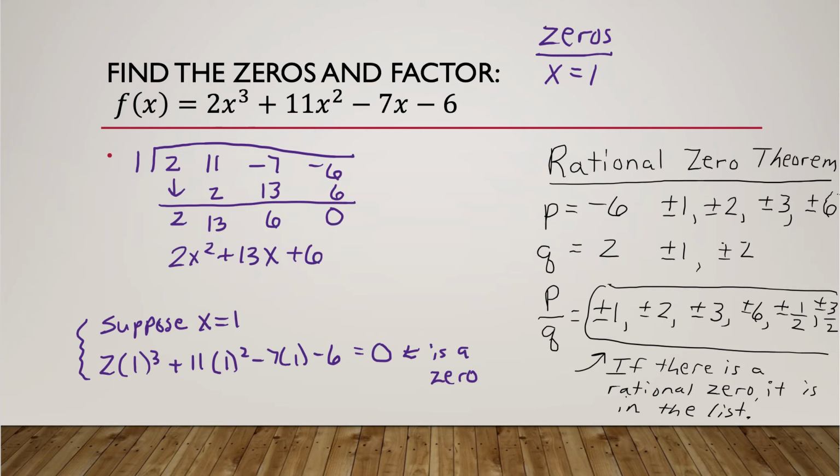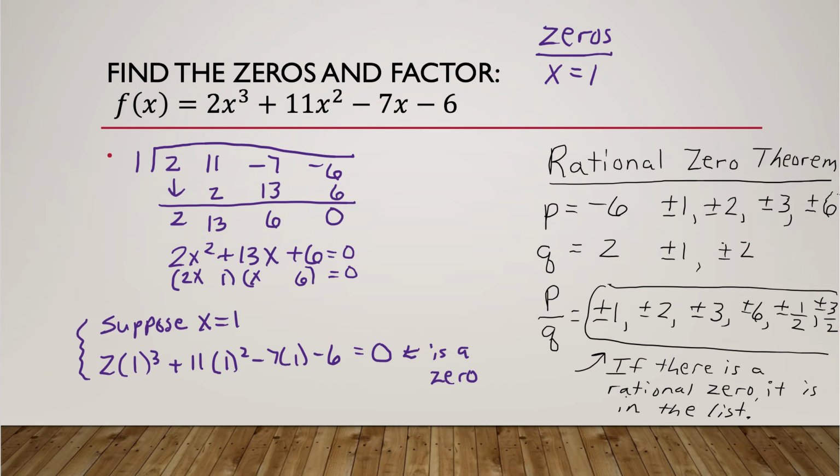So I'm going to take that expression and see if I can get it factored. I know it's going to have to be a 2x and an x to make a 2x squared. For the 6, let's do a 1 and a 6.